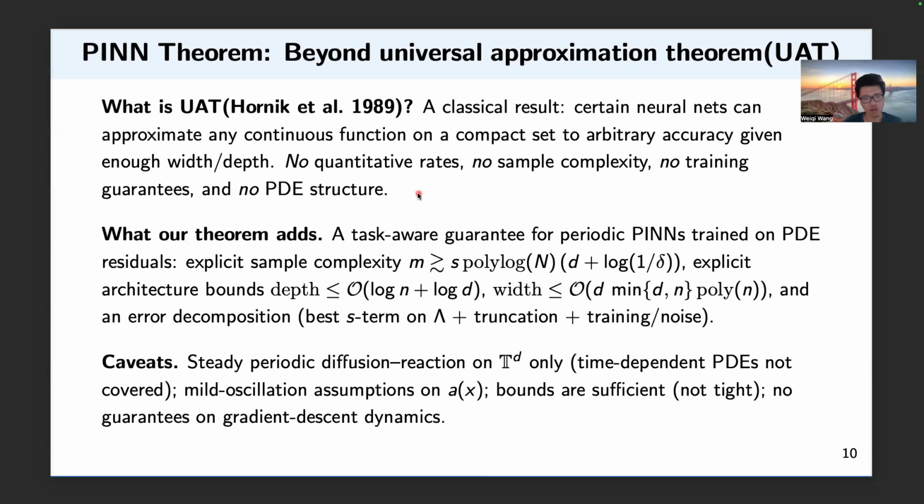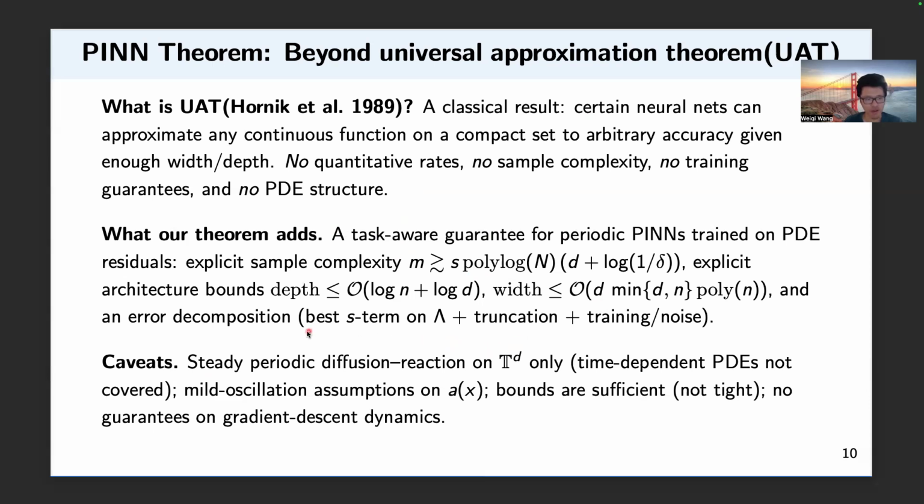It also ignores the PDE structure. However, our theorem is task-aware. It uses the PDE residual, it gives a rough sample rule and bounds on the neural network size. It splits the error into three visible parts, so you will know what limits you in training a neural network.